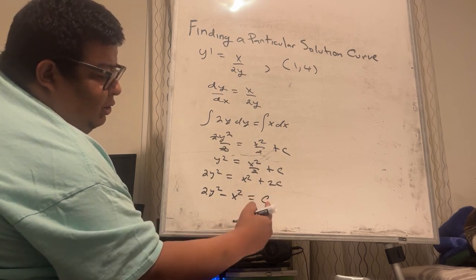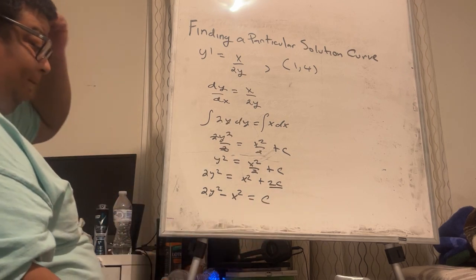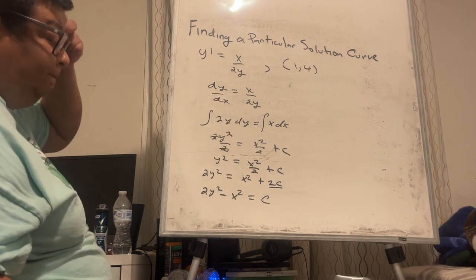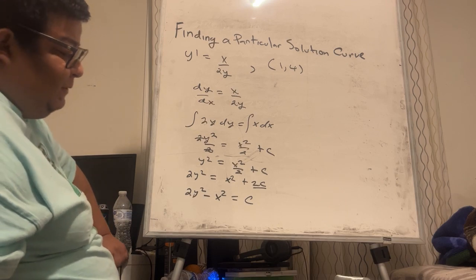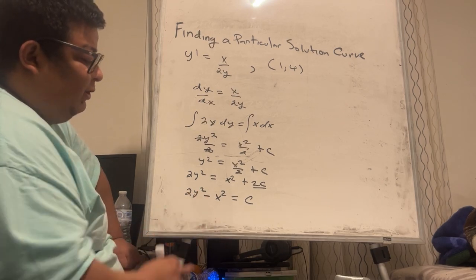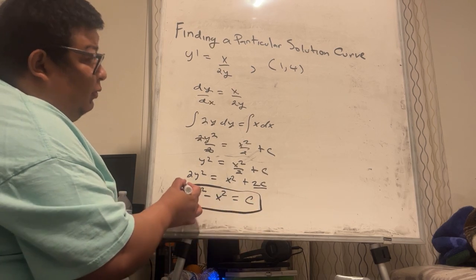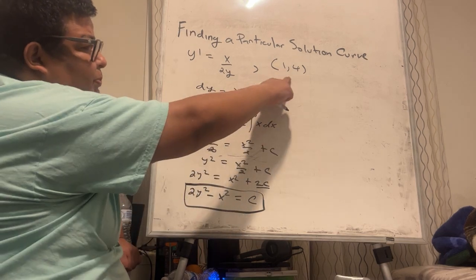We call 2c and rename it as c. Okay, so this is the general solution curve.